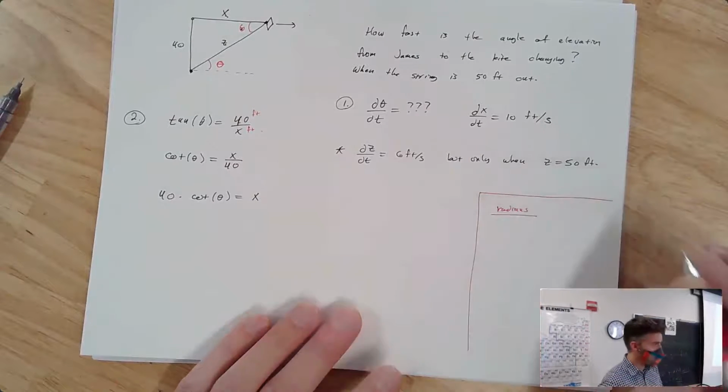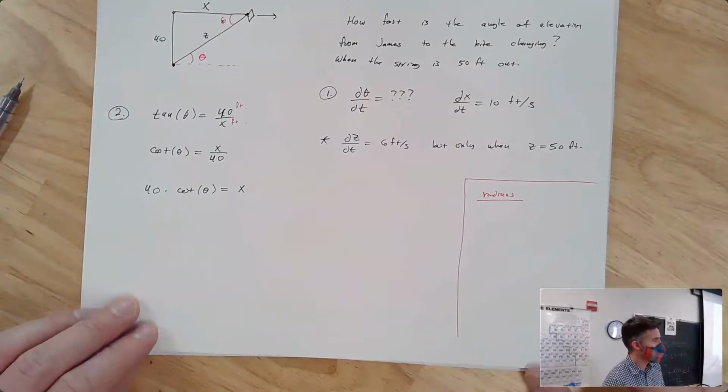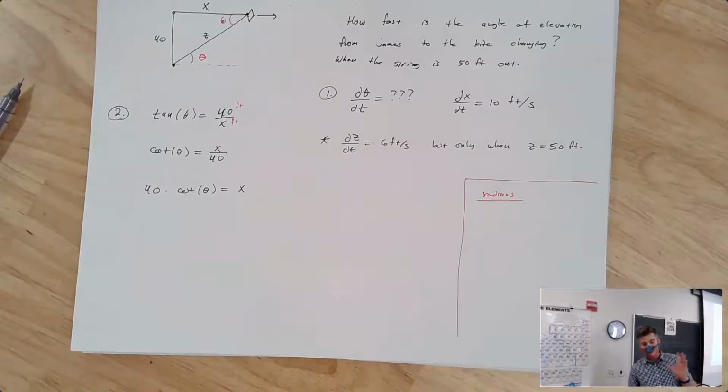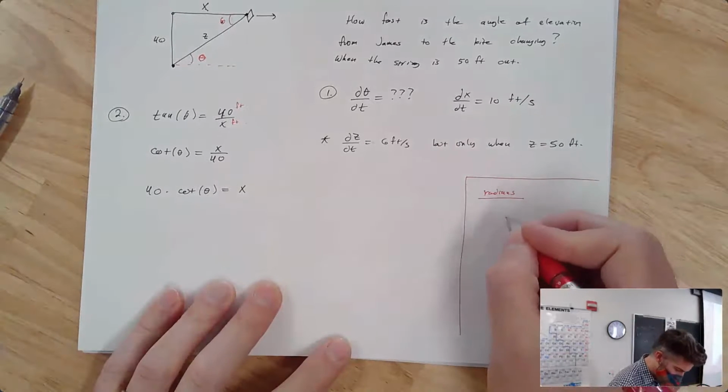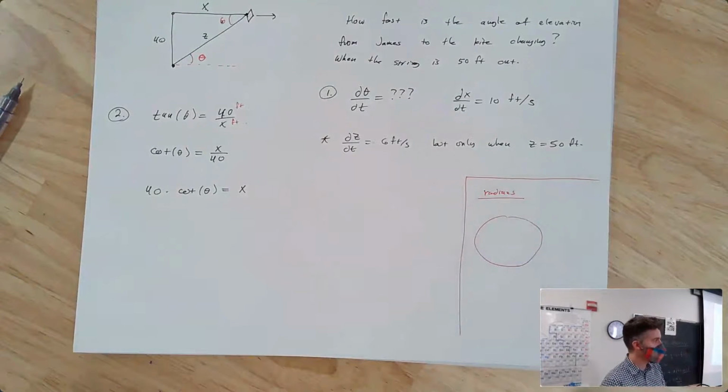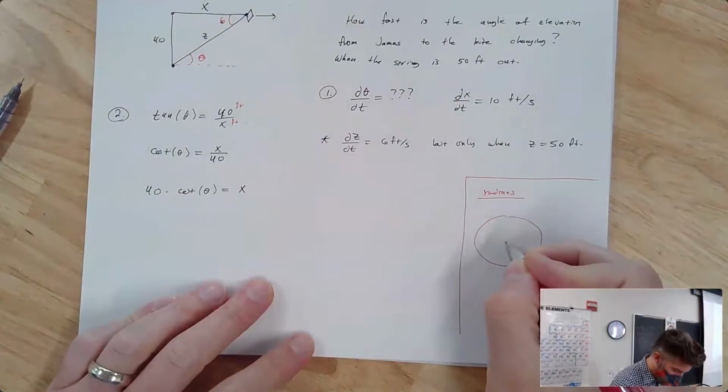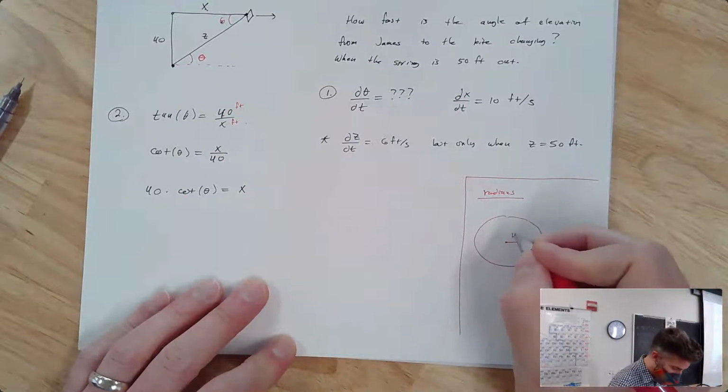So think about radians for a second. I know this is going to sound like an easy question: how many degrees are in a whole circle? 360 degrees. How many radians are in a whole circle? 2 pi radians. And the way you get that measurement is you take the circumference of the circle. Let's say your radius is 4 feet.